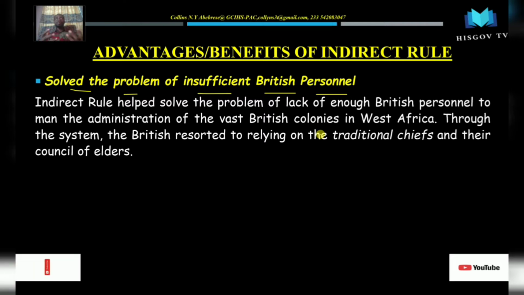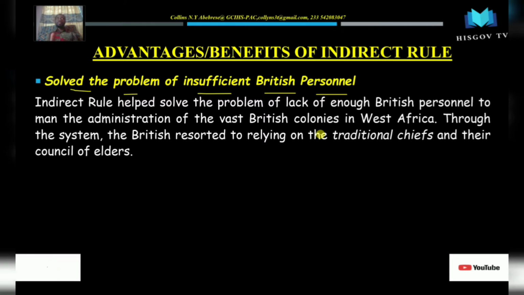British officials who were posted to the Gold Coast or to British West Africa were not willing to come because of the climate and the weather condition, and so they refused to come. Because of that, the British lacked personnel to work in the colonial administration.